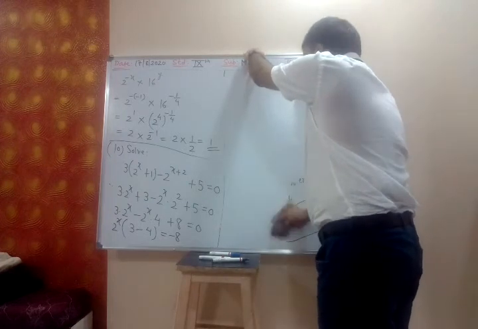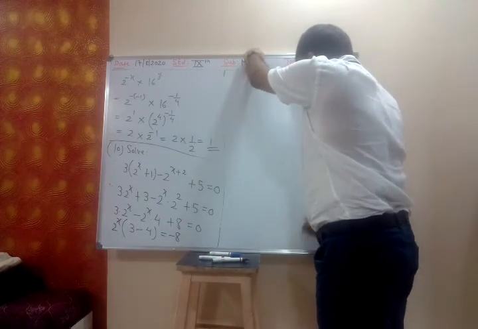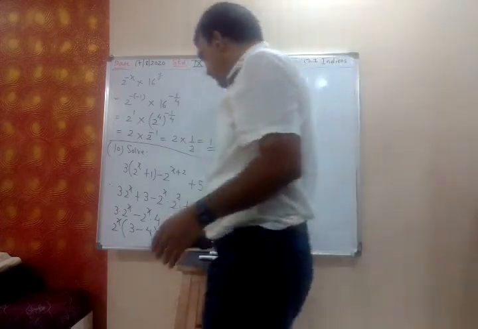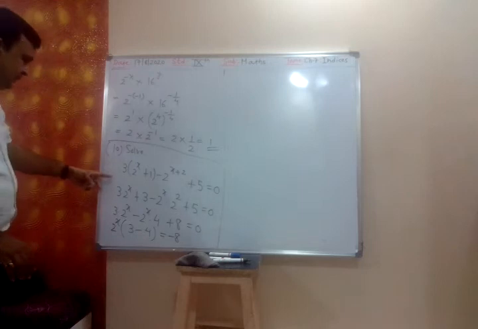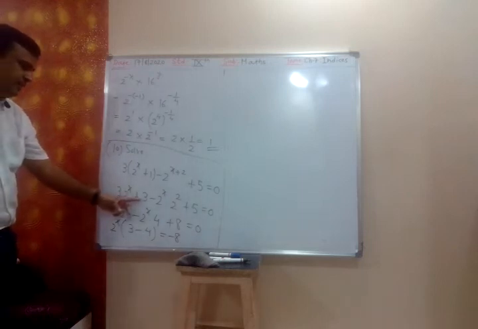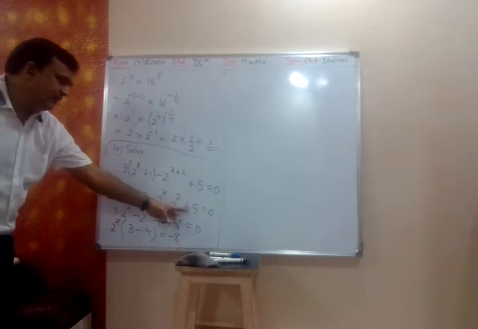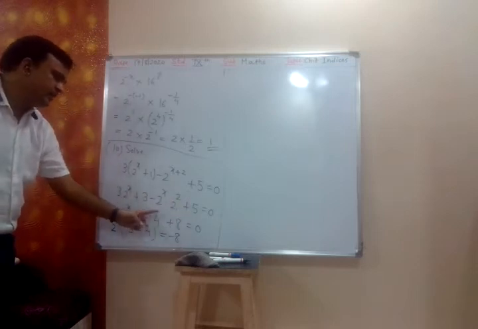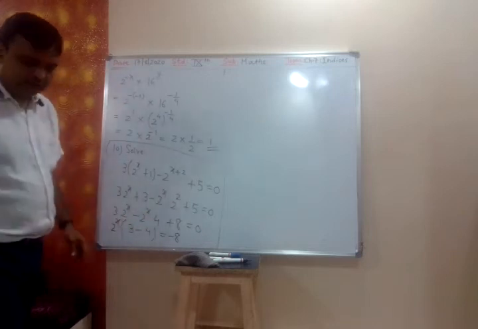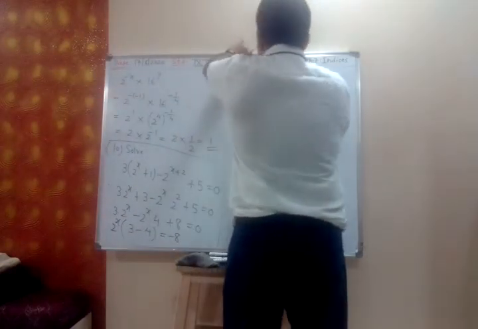Now there, 3 into 2 raised to x plus 3 and plus 5 is plus 8. Then minus 2 raised to x into 2 raised to 2 is 4. Yes, 2 raised to 2 is 4.